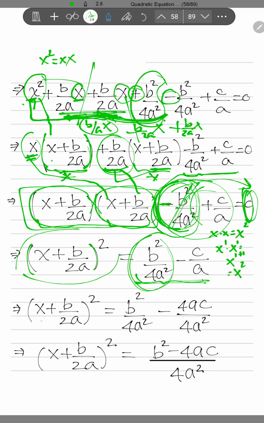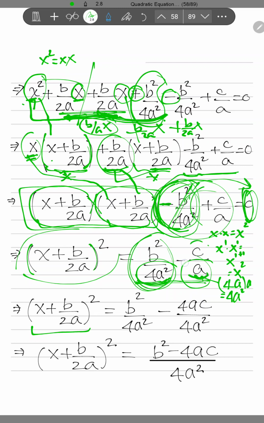The next step: x plus b over 2a, the whole square, is equal to, let's make a similar denominator so that we can add the numerators easily. To make a similar denominator, we have 4a squared here, but we have only a here. When we have only a, we need a 4 and 1 a to multiply with a to get 4a squared.